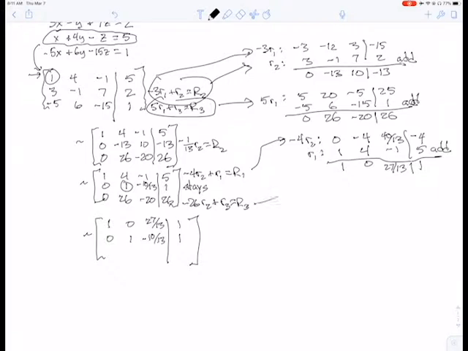And let's figure out my new row 3. I said, trust me, this is going to work out nicely, and it actually will, thank goodness. So negative 26 times row 2 is going to be 0, negative 26, actually positive 20, and negative 26. And then row 3 is 0, 26, negative 20, and 26.